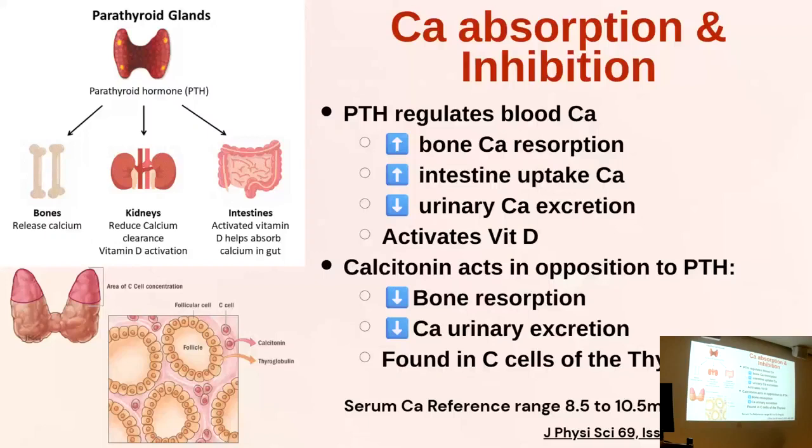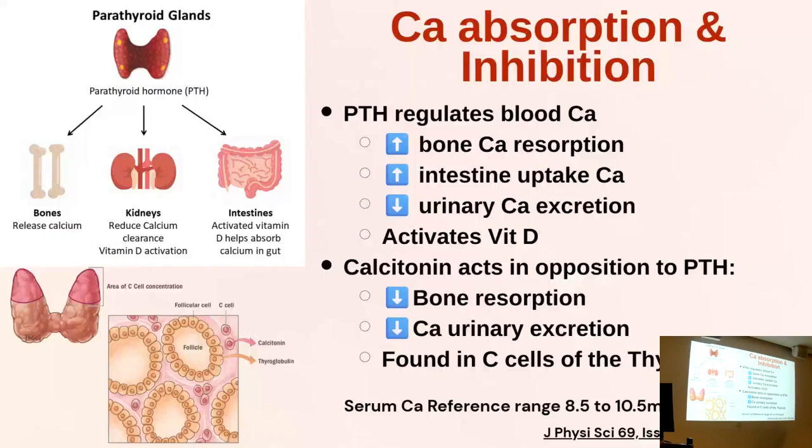One of the things that parathyroid hormone does is it starts demineralizing bone to release calcium into the bloodstream, right? The other things it does though is it increases your uptake of calcium. So it tells your body to start absorbing more calcium from your gut. It does this by interacting with vitamin D. It activates it.